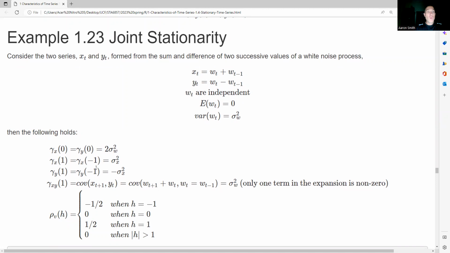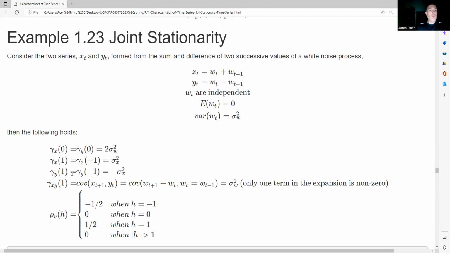And then all of these properties are going to hold if we sit down and work through all of this. First and foremost, gamma sub x of 0 is going to be 2 times the variance of one white noise process. This shouldn't be surprising. And then gamma sub x of 1 is going to be the same as if I plug in -1, which is just going to be the variance of the process.